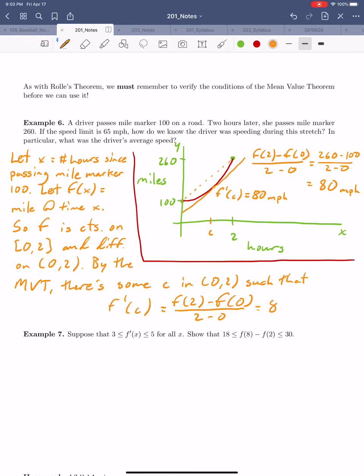And again, we know that that's 80 miles per hour. So at some time between 0 and 2 hours, the driver reached 80 miles per hour.